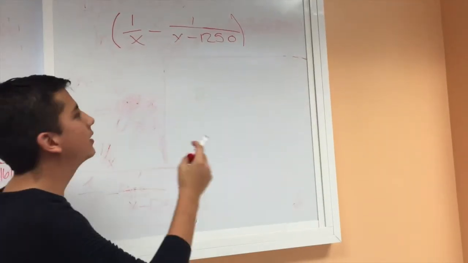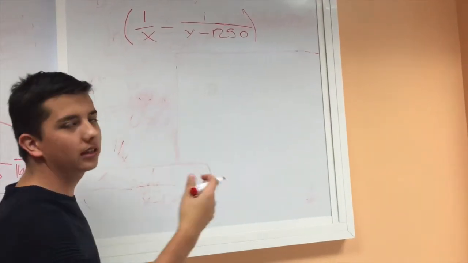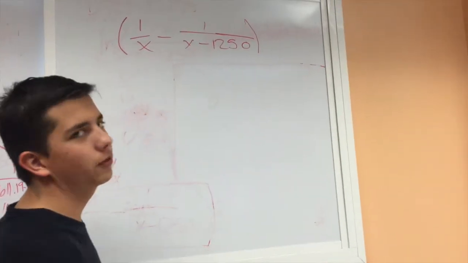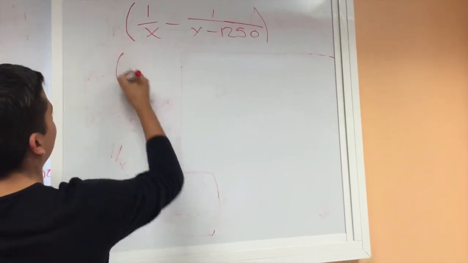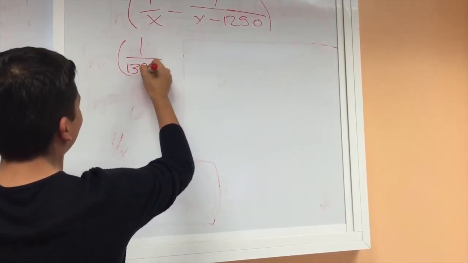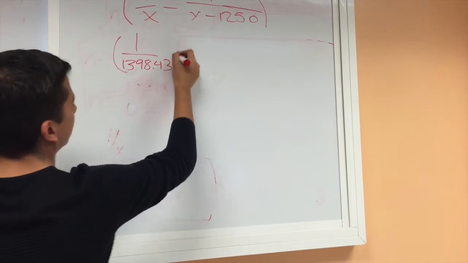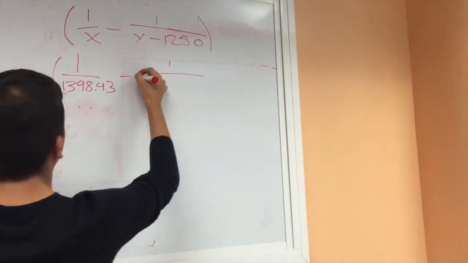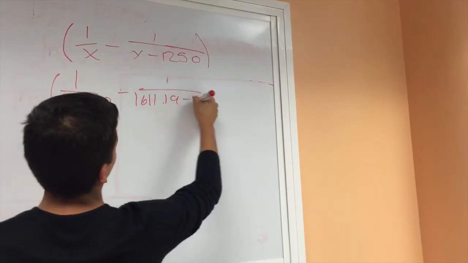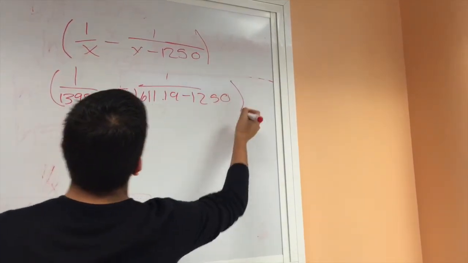Now we are going to plug in the two answers we got from the previous problems, and it's going to be 1 over 1398.43 minus 1 over 1611.19 minus 1250.